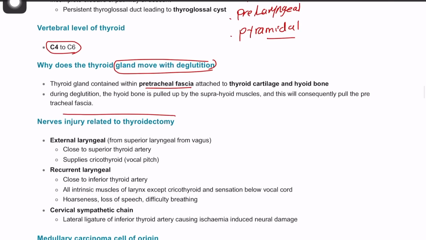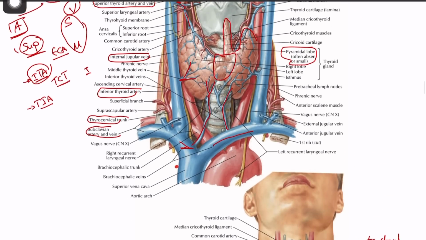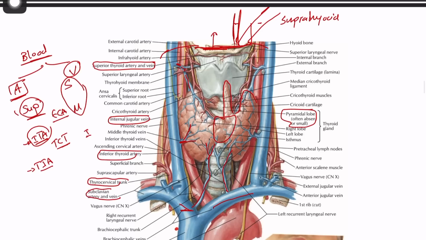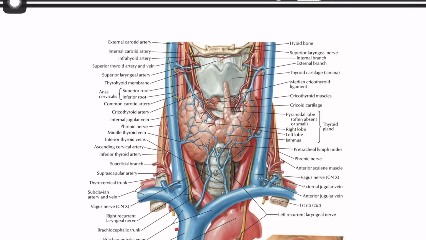So, the nerve injury with thyroidectomy. We need to have a closer look at this diagram once again. You have here a few nerves, which will be the yellow structures. Obviously you have on the outside the phrenic nerve, but it's not closely related to the gland, so we're not worried about this one. However, here you have the vagus nerve, which is this one, and on the other side as well.